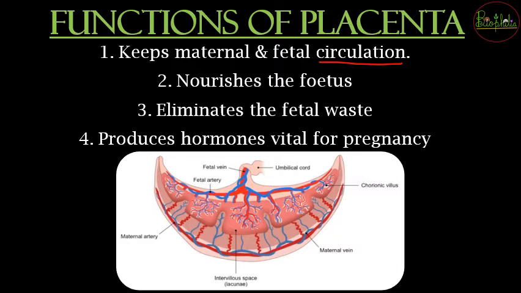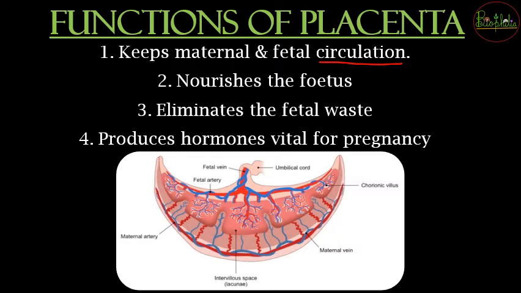Then waste materials, for example if urea is getting formed in the fetus's body, that urea is going to diffuse through the placenta, go into the maternal blood, and the mother's kidney is going to release it through the urine. So all those things that need to be exchanged take place in the placenta.